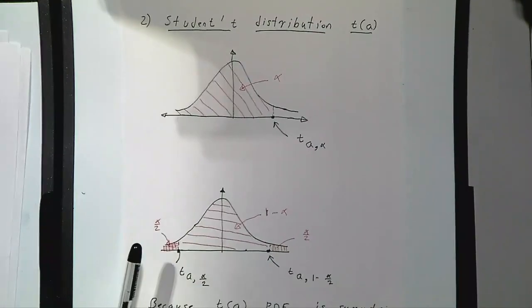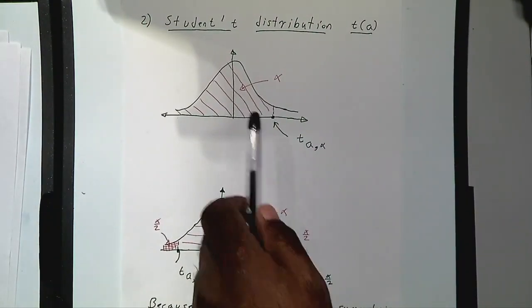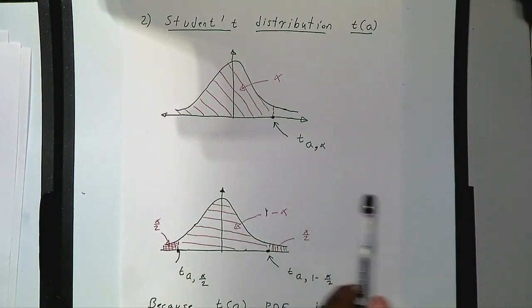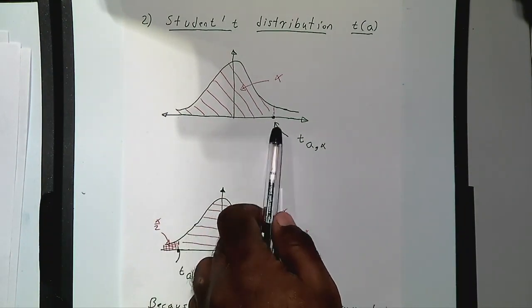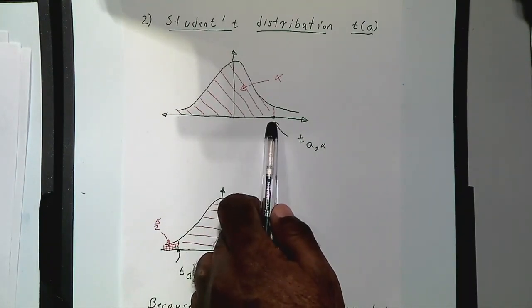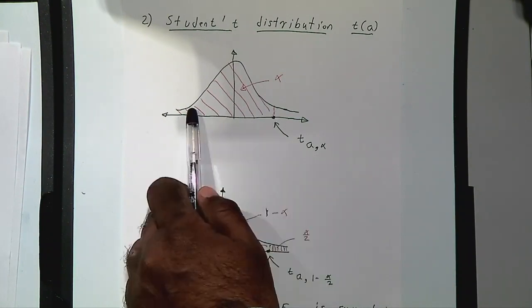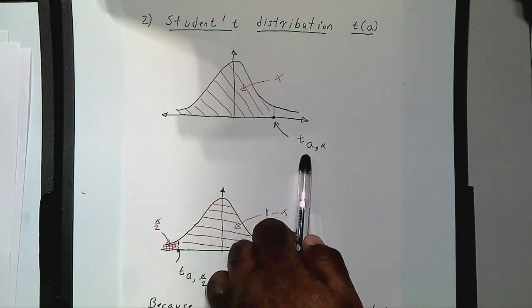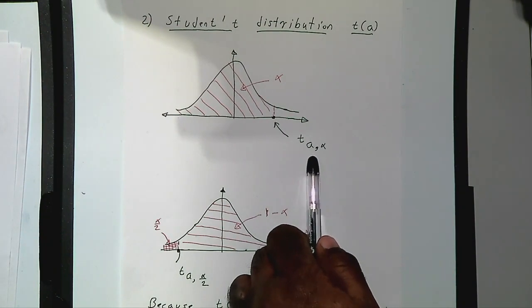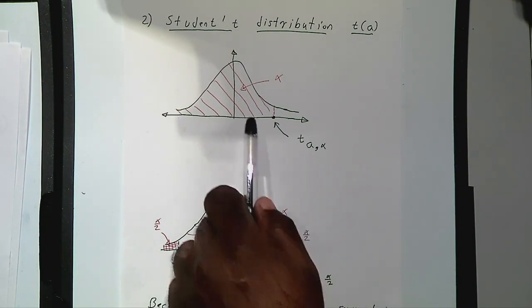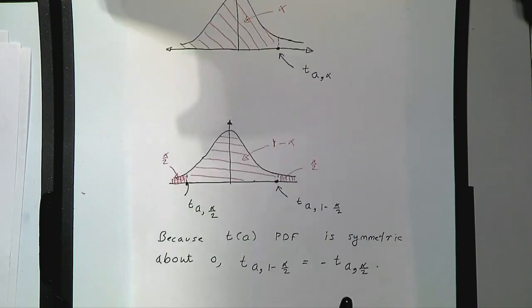Right? For the student's t distribution, which we talked about a long time ago, the concept is the same, right? This is the shape of the student t PDF, right? You should have a point here, and if there is an area of alpha to the left of it, then you denote the point as t subscript nu, where nu is the degree of freedom, comma alpha. Alpha is the area to the left, right?